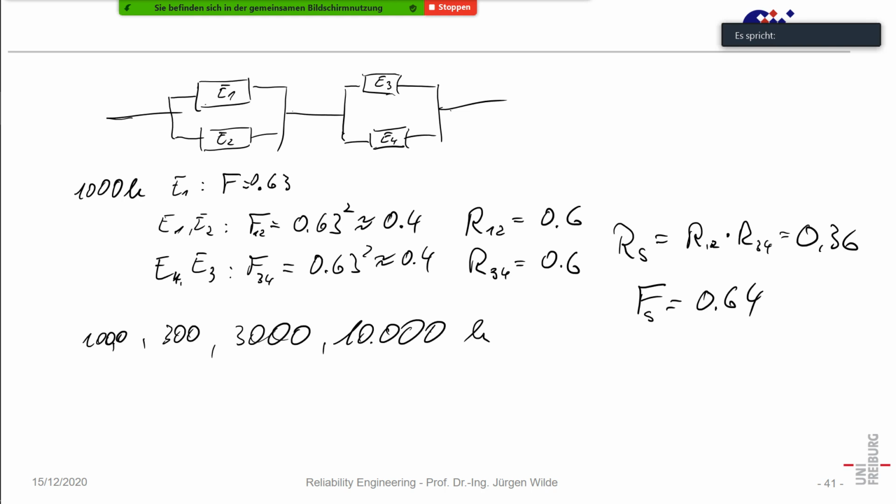What is the general method? We will see it in more detail.